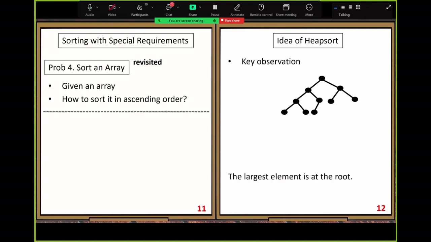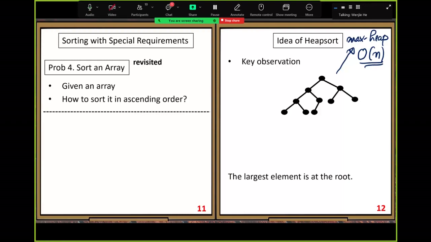So here we assume we build a max heap. This is a max heap already. After we use the cost big O of n, we have a max heap.